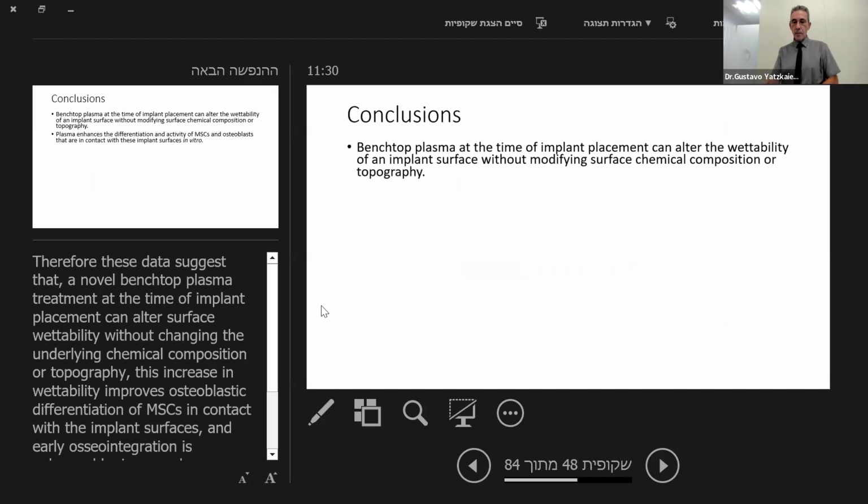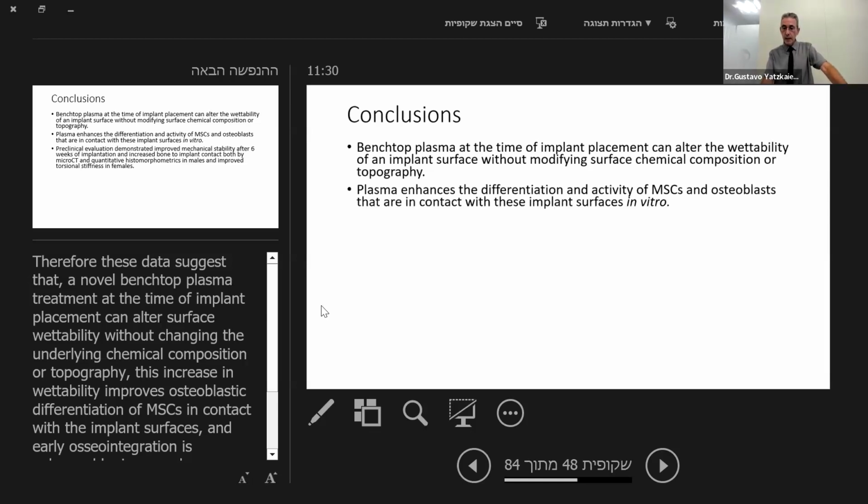In conclusion, this benchtop plasma can alter the wettability of the implant surface, but without modification of the topography. This is very important.